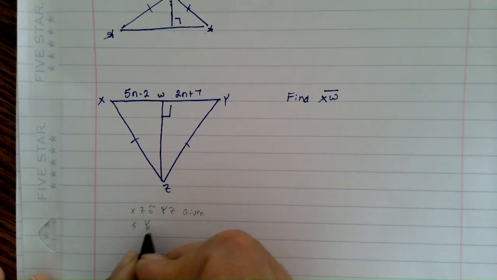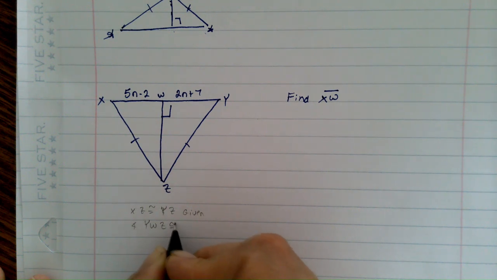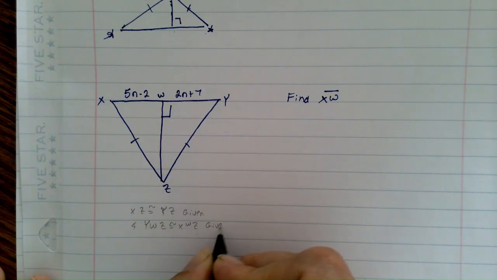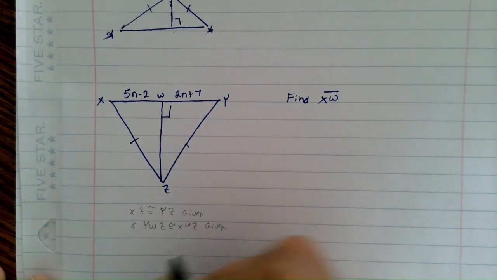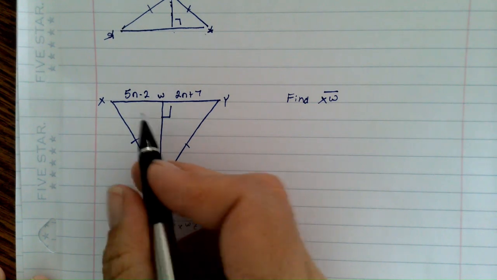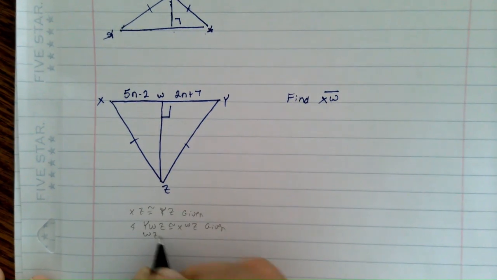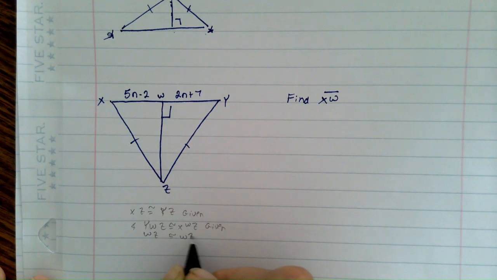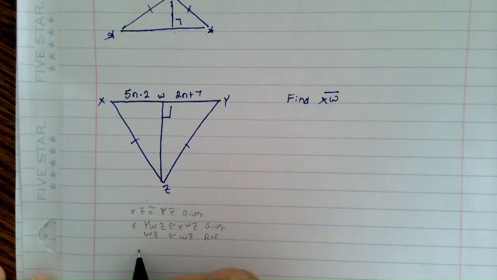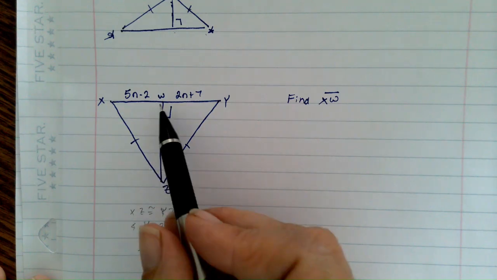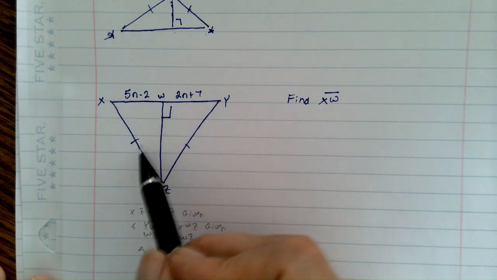Angle YWZ is congruent to angle XWZ, also given, because two 90s make that 180, right? If it's perpendicular, it's 90 degrees everywhere. And then WZ is congruent to WZ by the reflexive property. So triangle XWZ is congruent to triangle YWZ by the hypotenuse leg theorem.